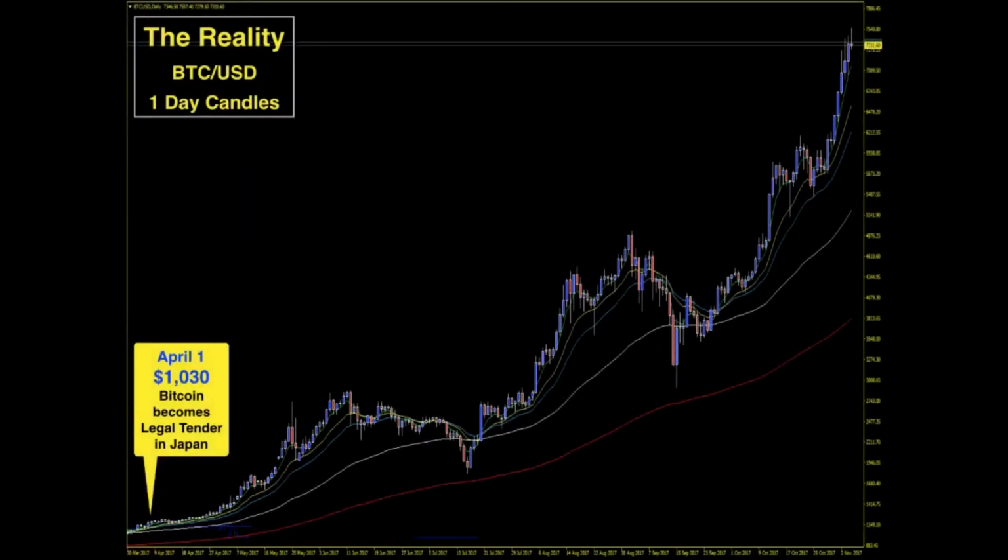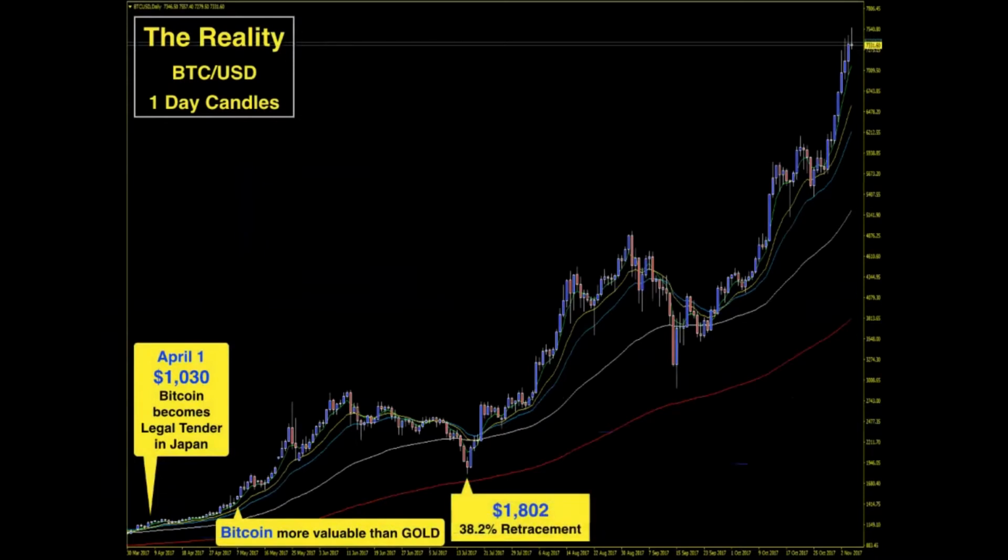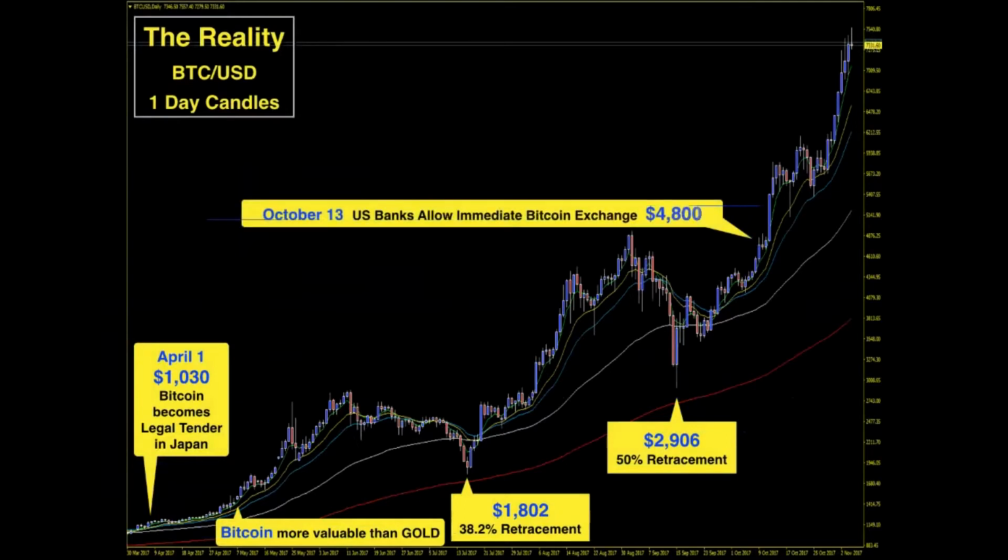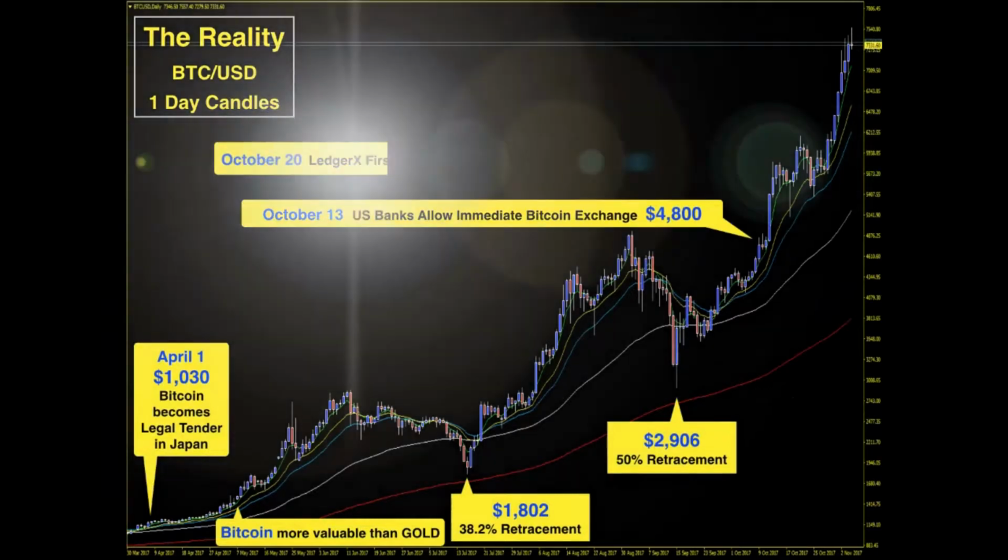Okay, so we had April the 1st. It became more valuable than gold. We had our first major retracement here as it starts moving up. Our second major retracement here, October the 13th. And by then I had not hundreds by any means, but I had some in my portfolio. And if you can see, these are one-day candlesticks, right? And the next couple of days, it went up by $1,500.